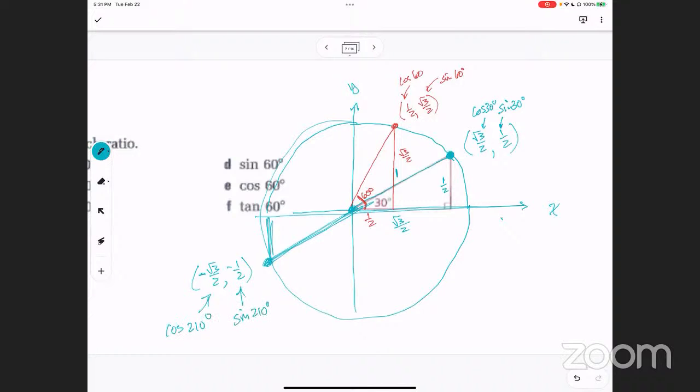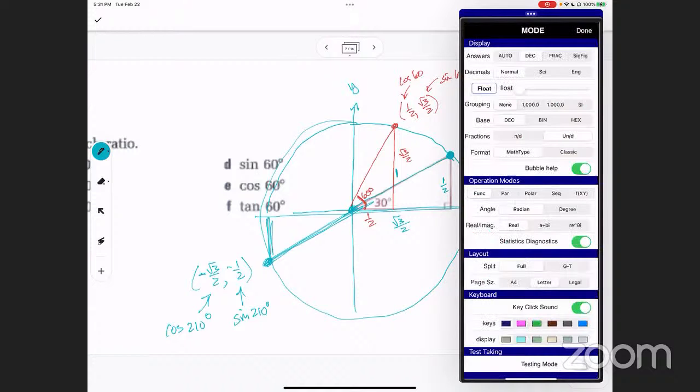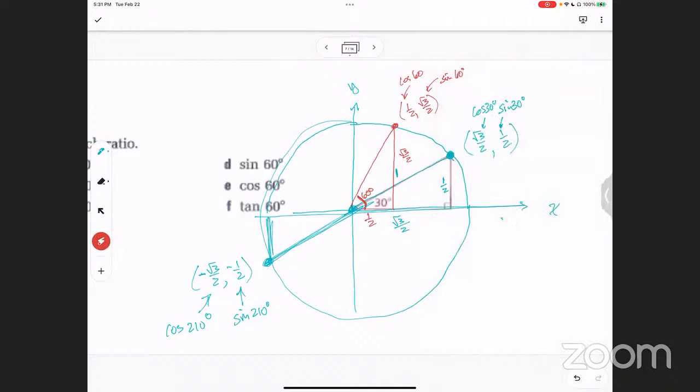Watch, if you don't believe me. What's the sine of 210? Whoops, I'm in radians. The sine of 210. I said it's negative 1/2. See how it's negative 1/2? So that's what the unit circle is. Sound good?